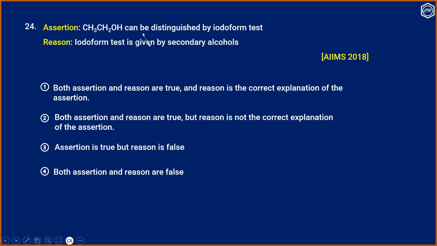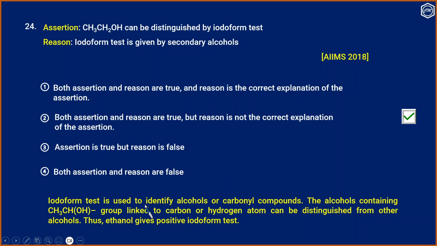That is correct. Iodoform test is given by secondary alcohols. That also may be correct, but that is not the explanation for the assertion. So we choose option 2. That is the correct answer.